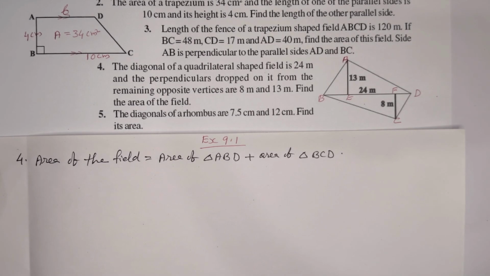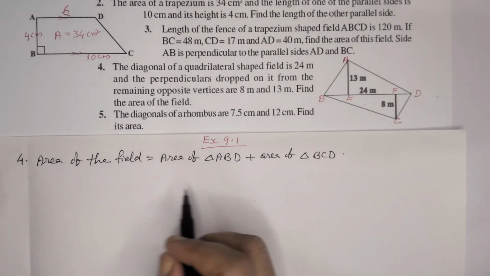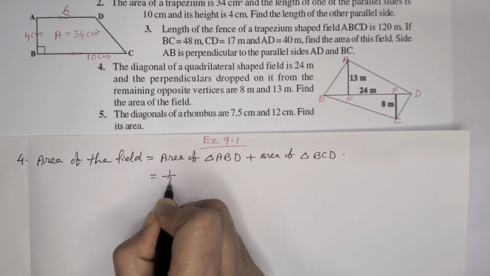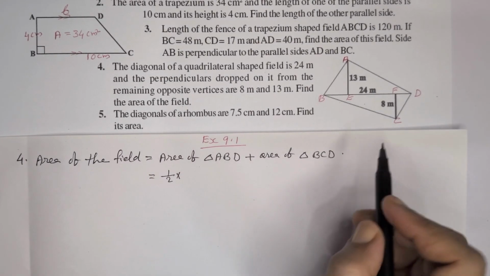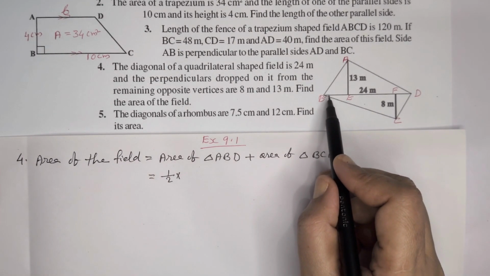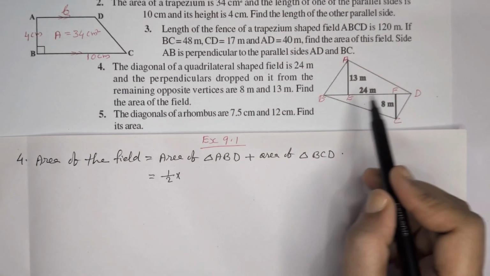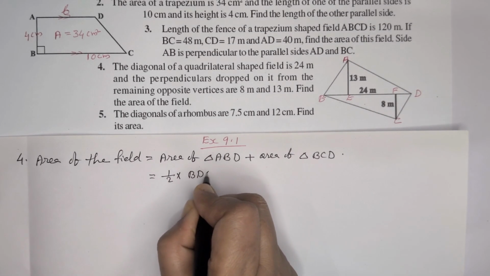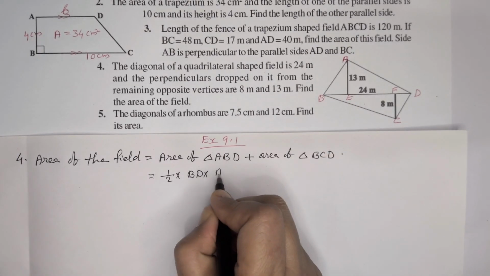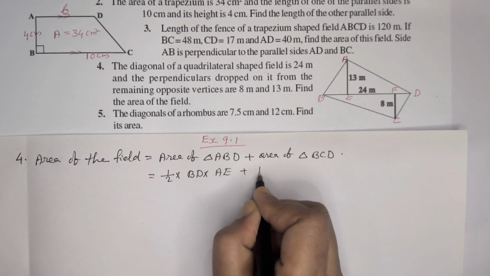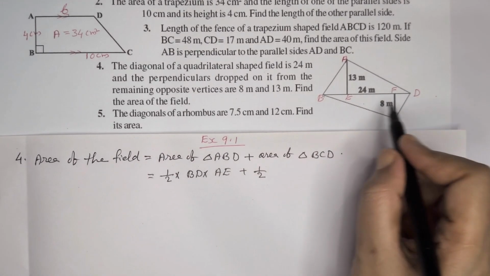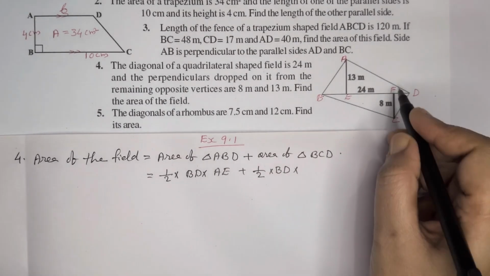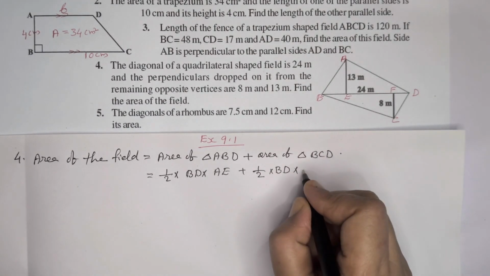And by the formula half BH, which is equal to half into base, first triangle ABD, so base is BD, height is AE. Plus here also base is BD, and height is CF.